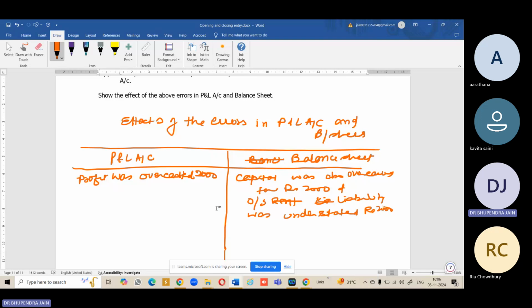If you record the transaction, then definitely your outstanding rent or the liability will increase. But you failed, so your liability is understated, but your capital balance has been increased. So beta, this is the effect of such an error in the profit and loss account and in the balance sheet.